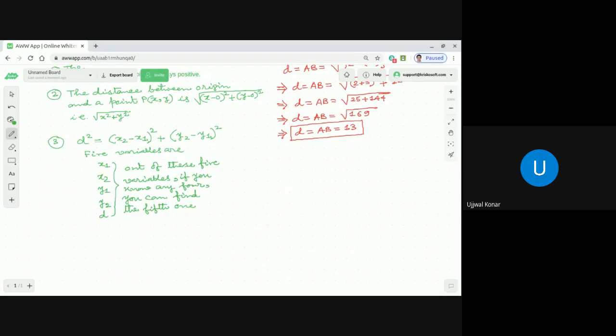That means, for example, x1 is given, x2 is given, y1 is given, and d is given. Then you can find the value of y2 from this relation.